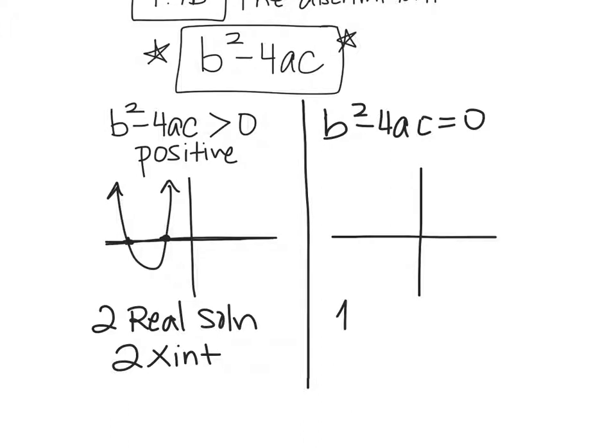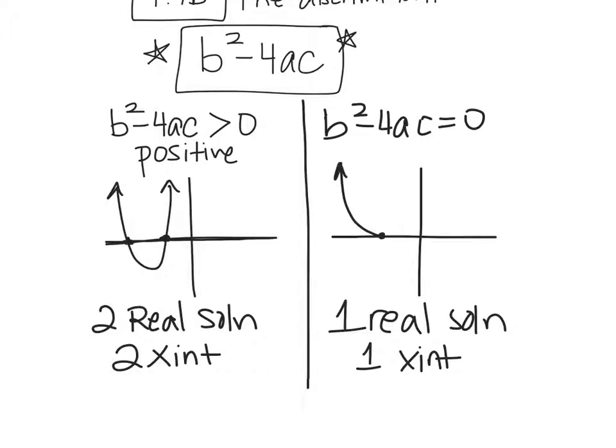You got one real solution, and so you get one x-intercept. And so your graph might look something like this. That's if b squared minus 4ac is equal to 0, you'll get one real solution.